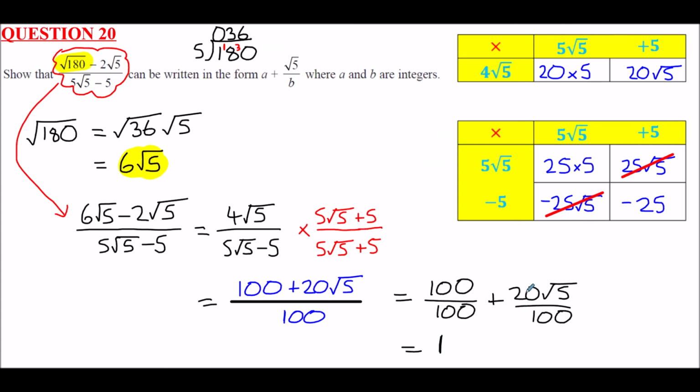And this here, 20 over 100 is the same as 1/5. So this bit here becomes 1 root 5 over 5, but 1 root 5 we can just write as root 5. So it's 1 plus root 5 all over 5. And that one is our final answer.